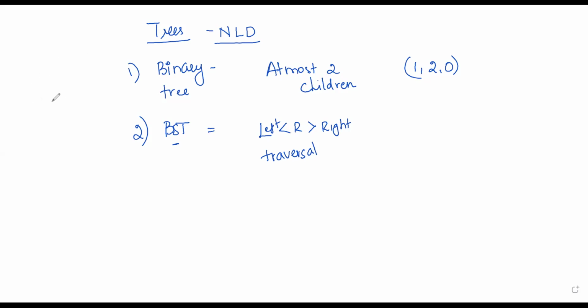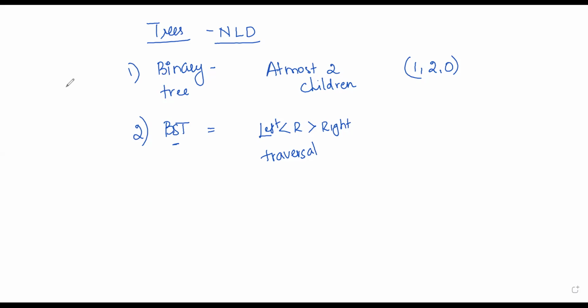In arrays also we did traversal, but it is very easy because the data are arranged in continuous fashion. But in binary search tree, since the data are arranged in non-linear fashion, traversal is a main concept.